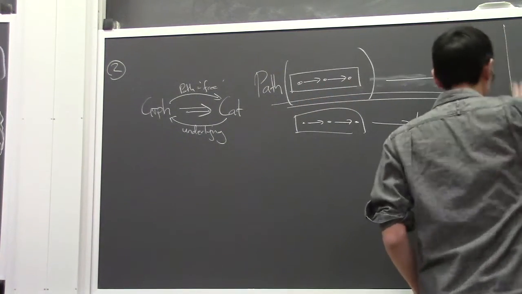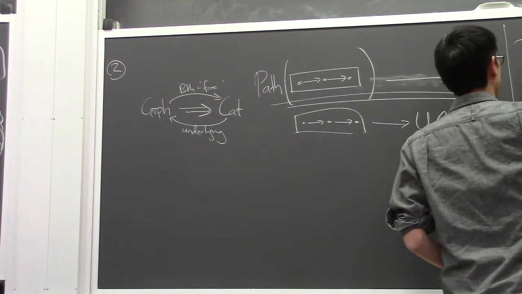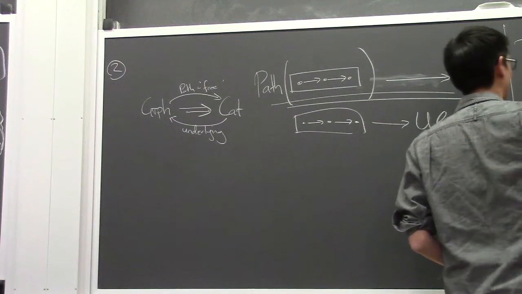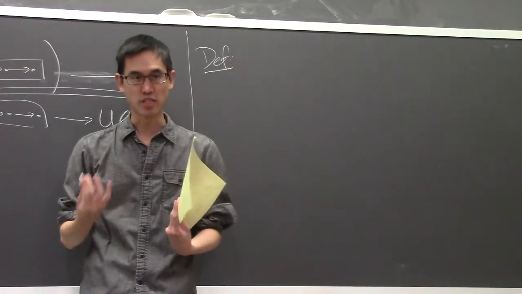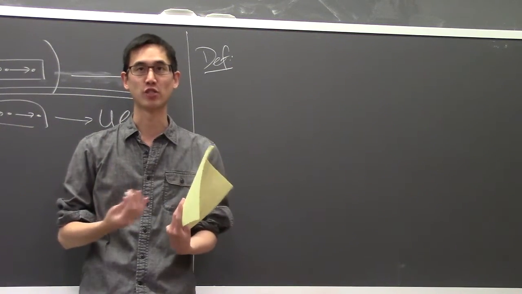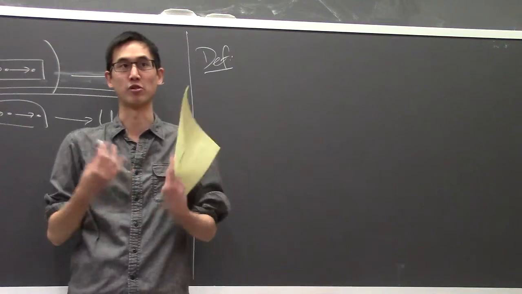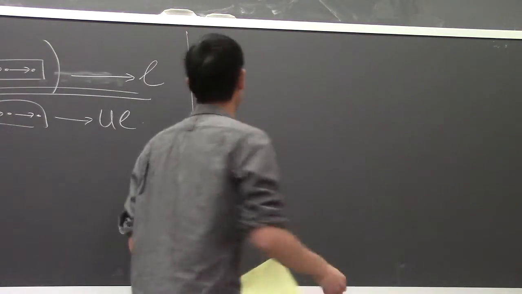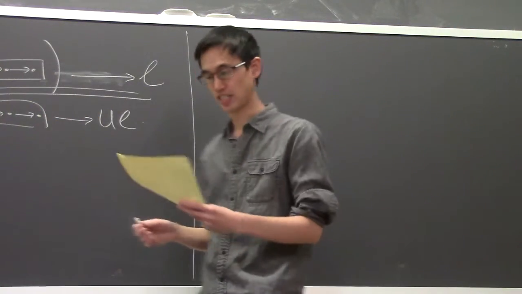Okay, so let's think about some props now. So David said that one way to think about props is that they're symmetric monoidal categories where we make one of the structures, this time the objects, really simple, instead of, say, symmetric monoidal preorders, which make the morphisms very simple. By simple, we really mean this notion of freeness here.